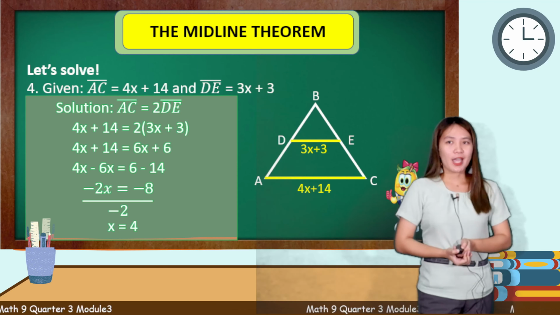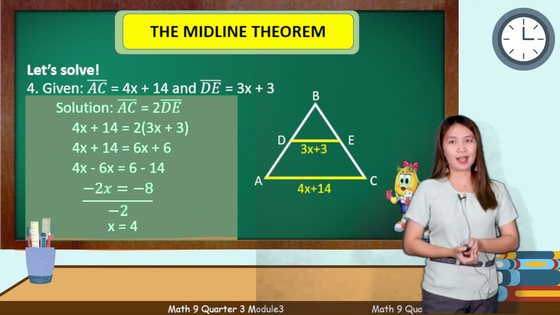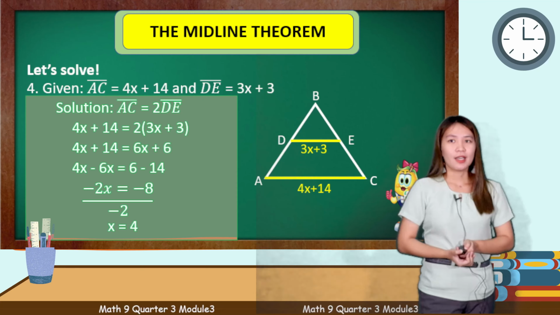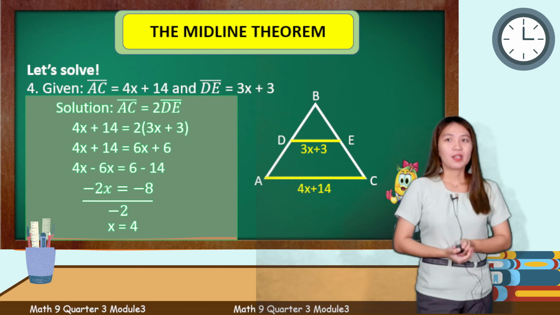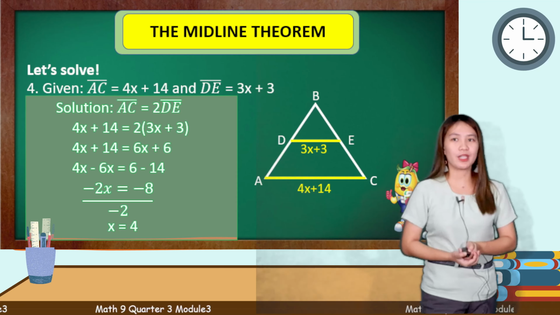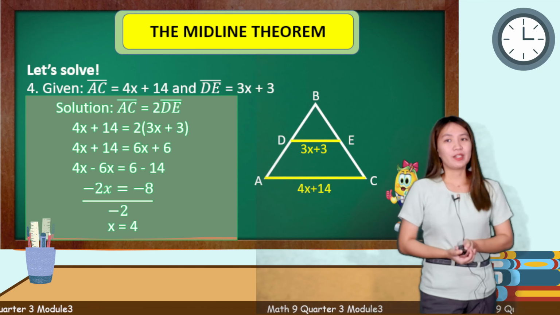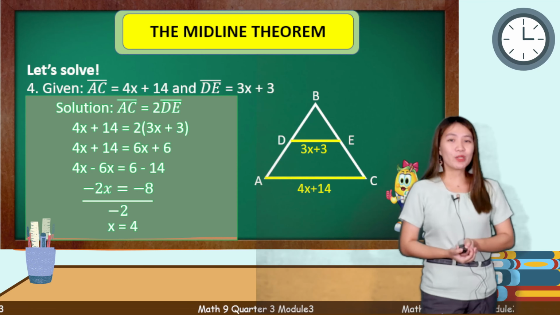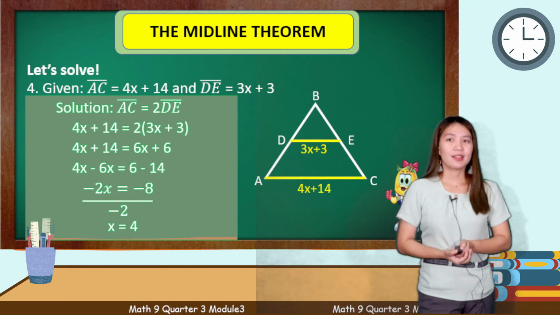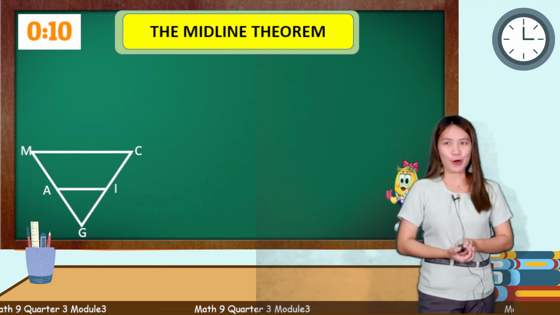So by simplifying, we get 4x plus 13 is equal to 6x plus 6. And then we get 4x minus 6x is equal to 6 minus 13. And that gives us negative 2x is equal to negative 7. And we need to divide both sides of the equation by negative 2. And the value for x there is 4.